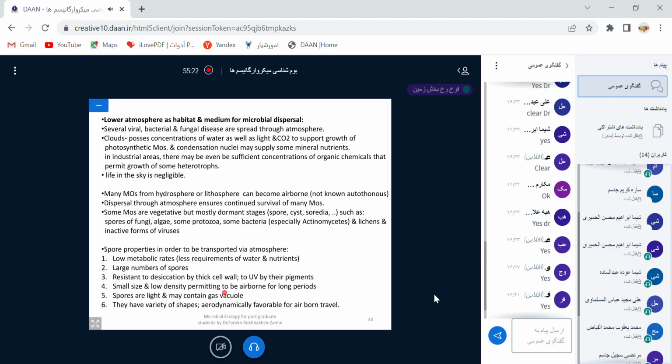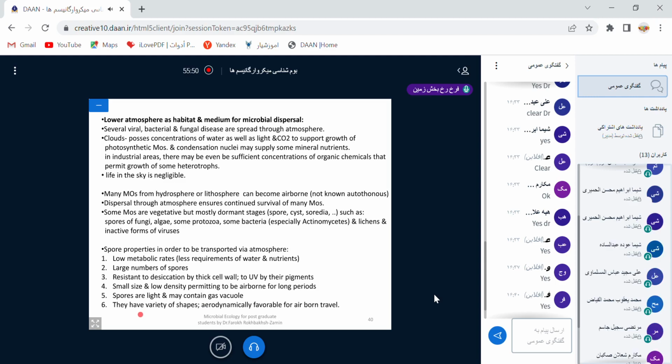So it permits airborne transfer for long periods. Spores are tiny and light and may contain gas vacuoles, helping them float in the air.